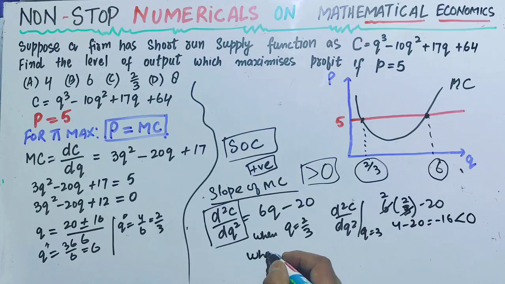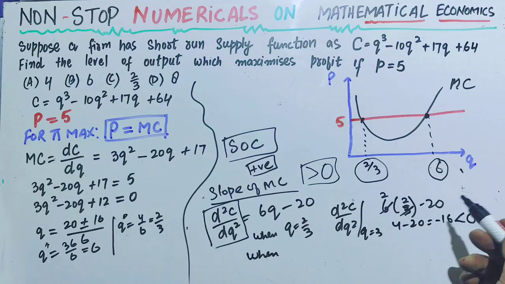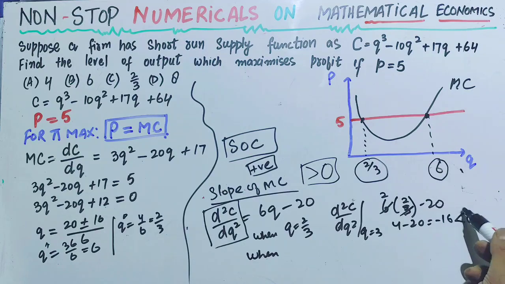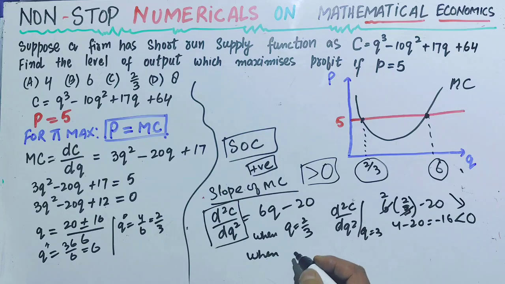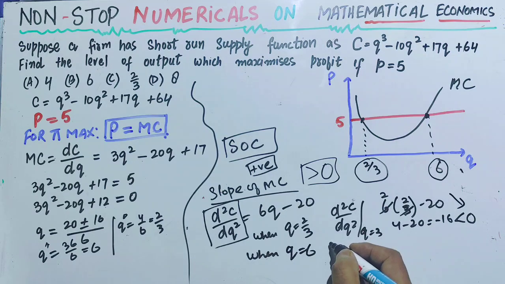So this does not satisfy the second order condition for profit maximization, because at this point the slope is decreasing. When Q is equal to 6, let's evaluate again at the critical point d square c upon dq square.